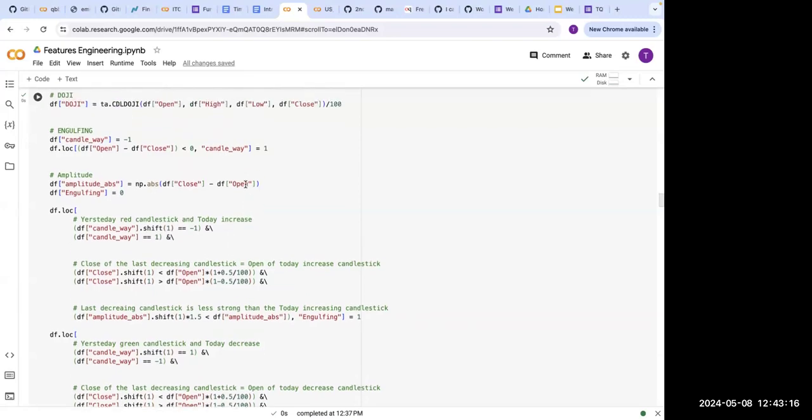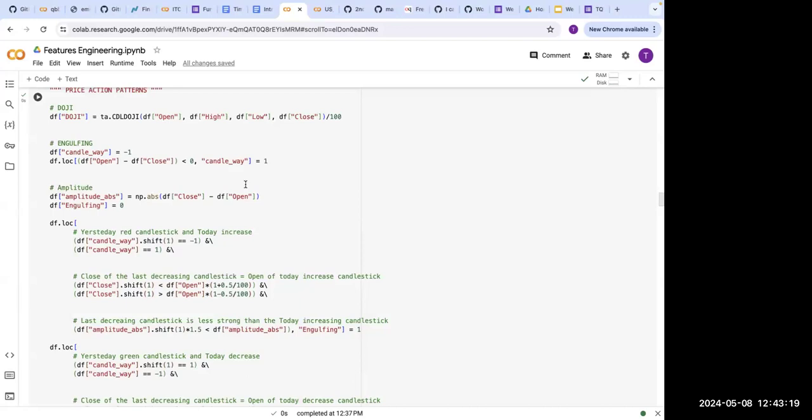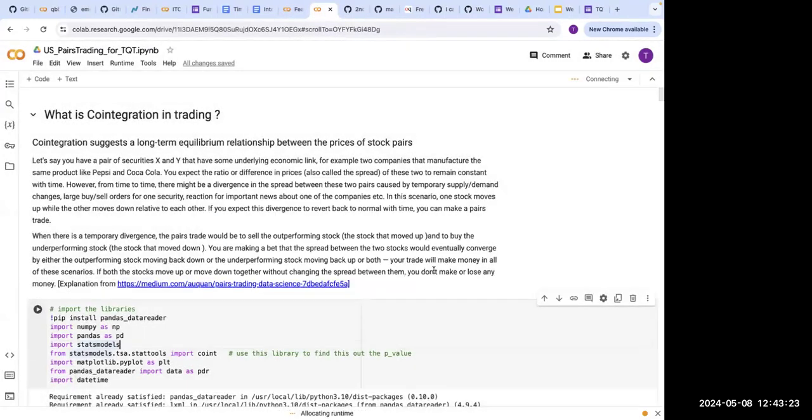Okay, so now let's switch to the other good strategy we have in trading, and that's called co-integration. Co-integration suggests a long-term equilibrium between two stocks.